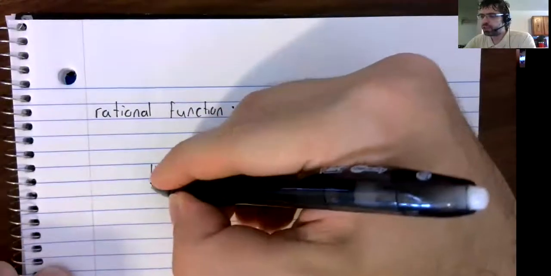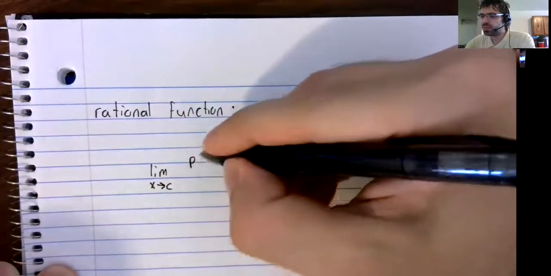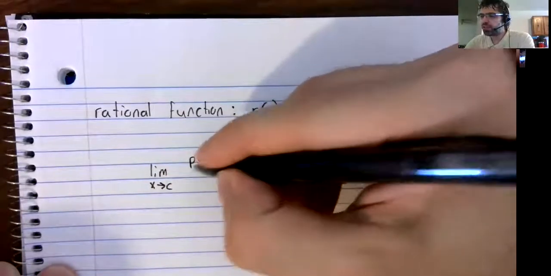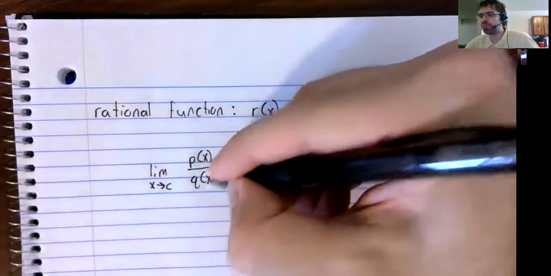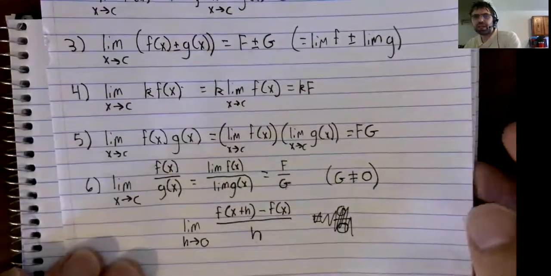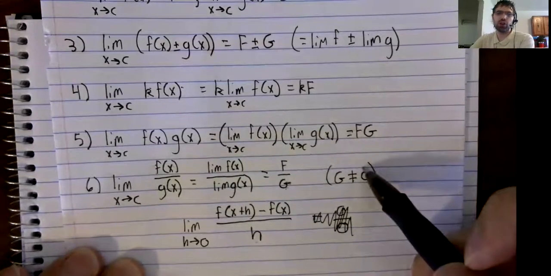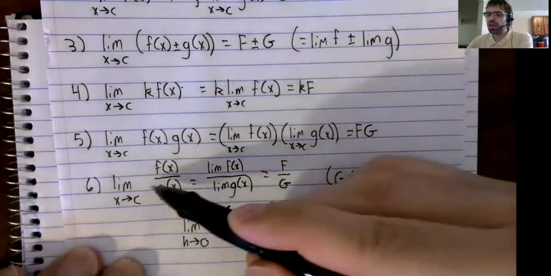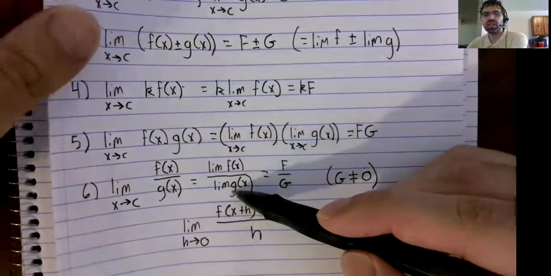And if we're taking the limit of a rational function, then, assuming that it doesn't give us a division by 0 error, a limit of a quotient is the quotient of the limits.